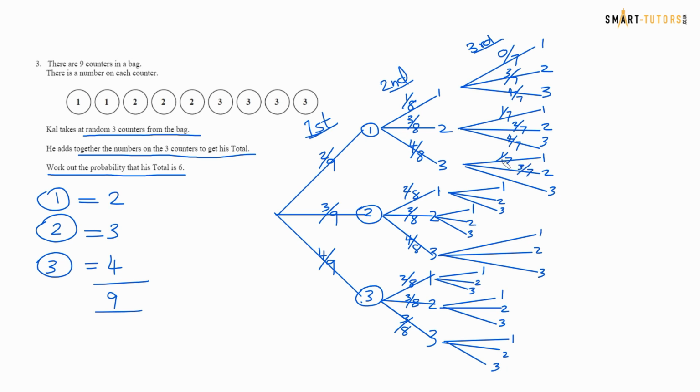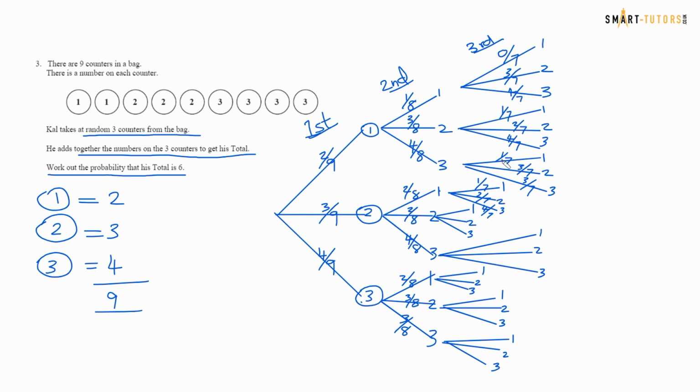And for the 3, before 3, 1 of the 3s is taken, so 4 take away 1 is 3 upon 7. And 1, before 1 is taken, so 1 upon 7. And before 2, 1 of the 2s is taken, so 3 take away 1 is 2 upon 7. And 3, before 3 nothing is taken, so 4 upon 7.